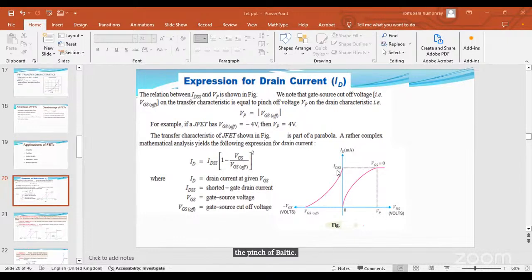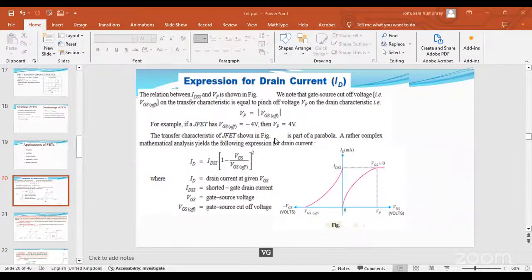We know IDSS, which is the maximum current at pinch-off. So now, the pinch-off voltage, we have talked about VGS off.